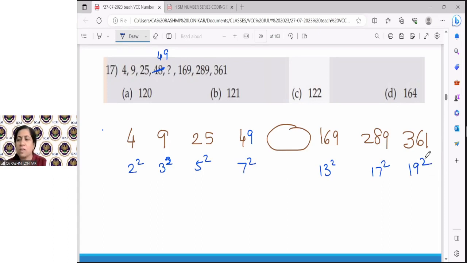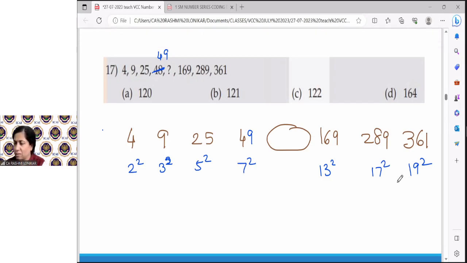So 2, 3, 5, 7, then 13, 17, 19. Okay. Yes. 289, 17 square. Is that correct? Here is my calculator. 17 into 17. What am I getting? 289.